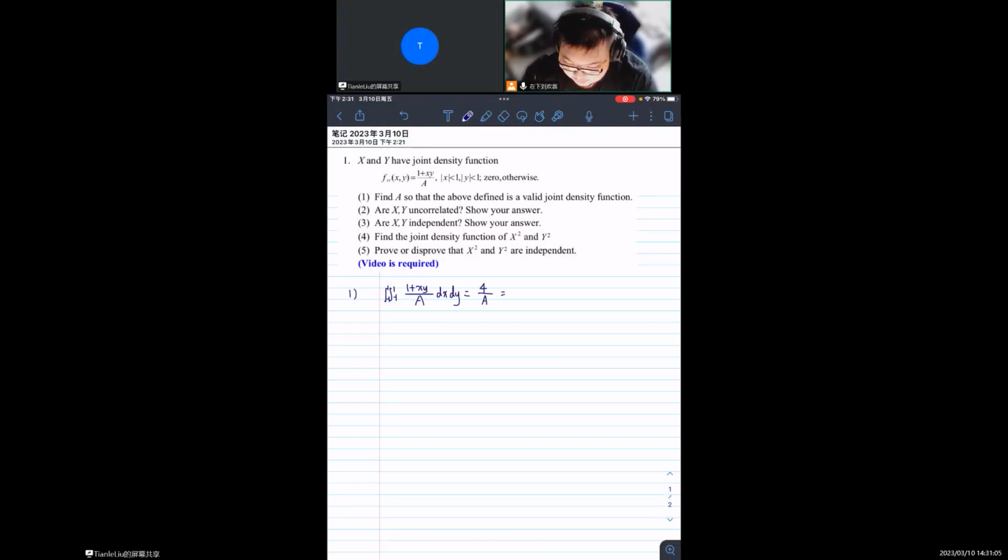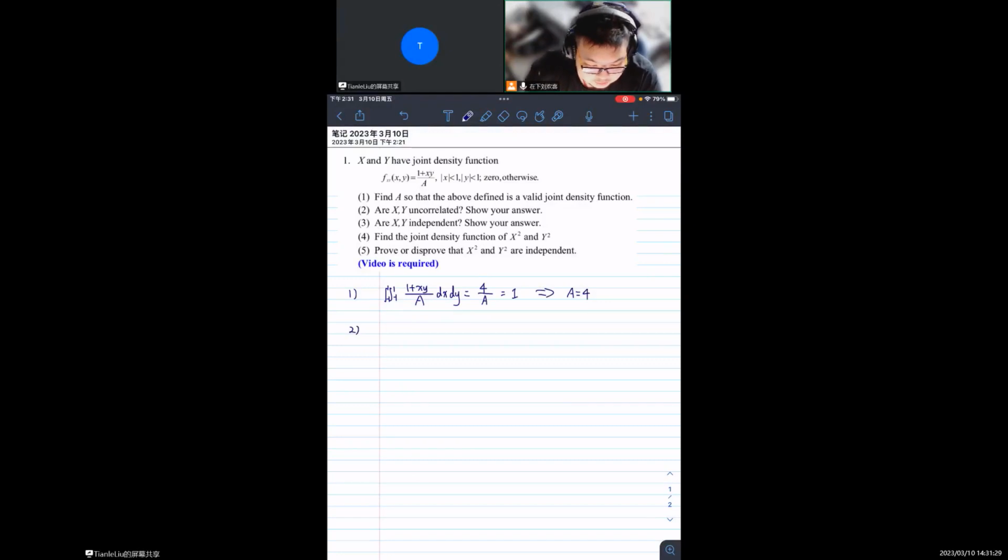To make it a valid joint density function, we need this to equal 1, which leads to a equals 4. So we have found a for this valid joint density function. That's done for question 1.